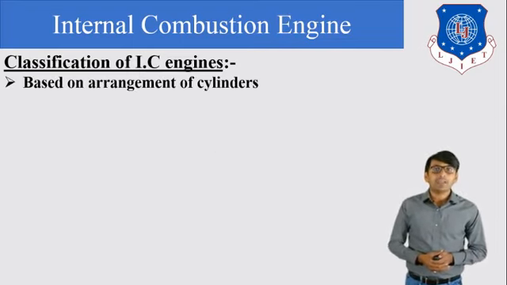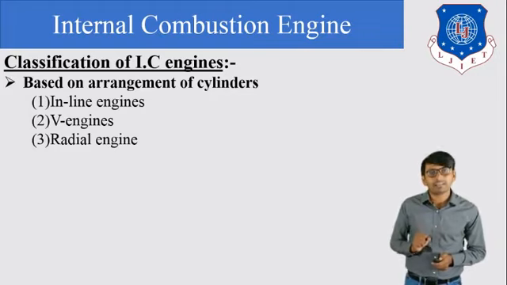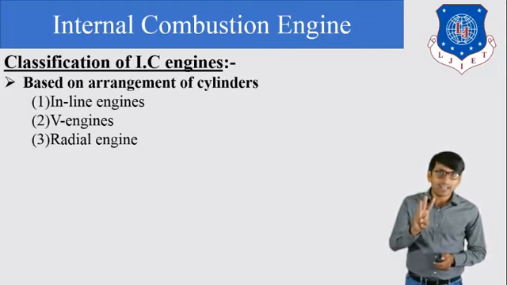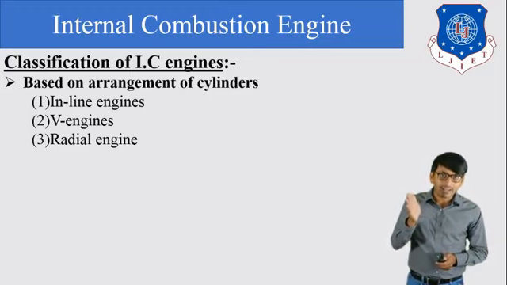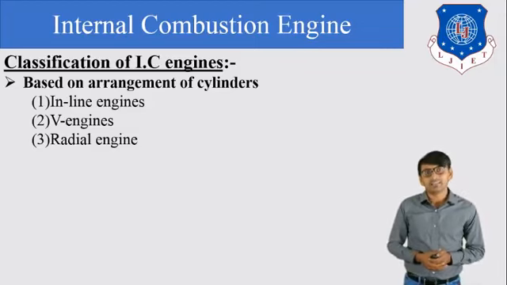Next one, based on arrangement of cylinders. So in that, first, inline engine. Now what do you mean by inline engine? If there is a 3-cylinder engine and the 3 cylinders are connected in one line, then that is called an inline engine.